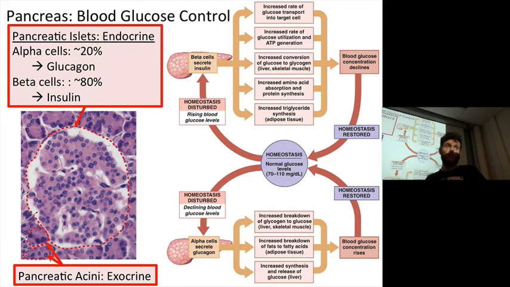For those of you who have started on the IR project, you will have come in contact with the GLUT4 translocation to the surface of the cell, the glucose transporter. That is what this is referring to. It's also going to lead to the increased utilization of glucose and then the production of ATP.